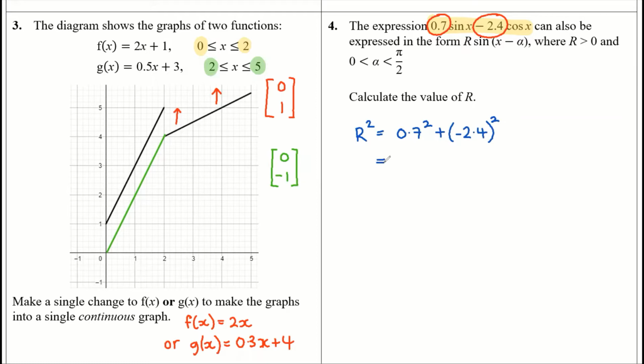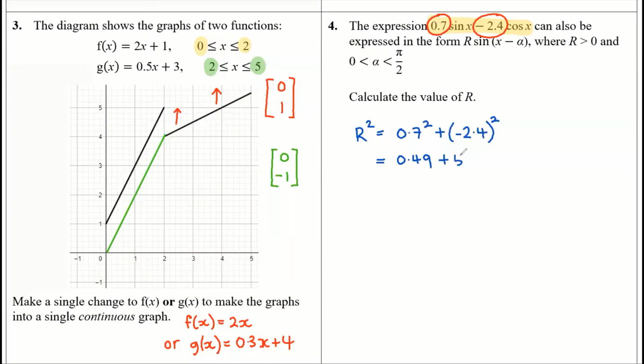And if we do that, we're going to get 0.49 plus 5.76. And you might also have noticed in maybe calculating this, or you might have noticed this beforehand, that these are rather special numbers, aren't they?